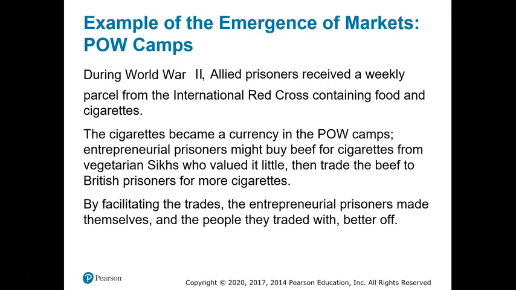Entrepreneur prisoners might buy beef for cigarettes from the vegetarians who didn't want it, then trade the beef to the British prisoners who did want beef to get more cigarettes. It's a circular flow, with the cigarettes as currency. By facilitating the trades, the entrepreneur prisoners made themselves and the people they traded with a little bit better off. Everybody got a little bit of what they wanted.